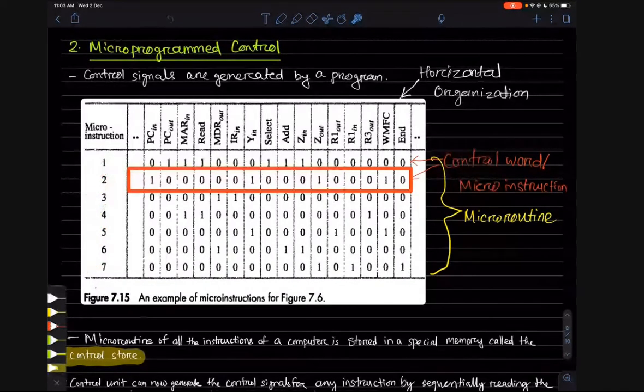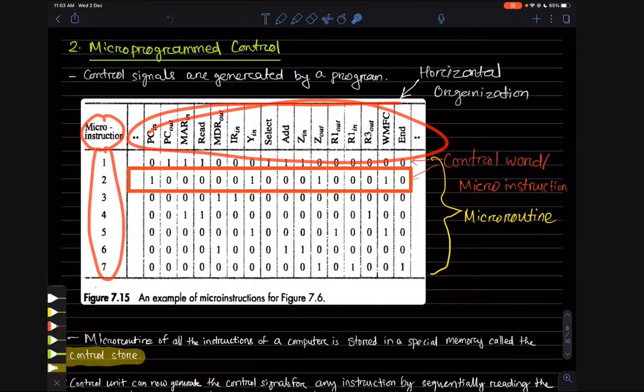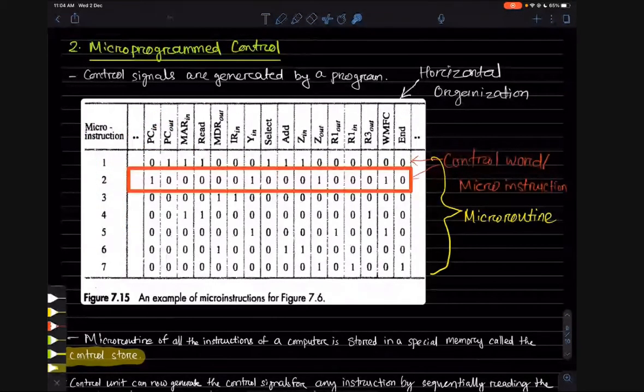Now you can see here it is written micro instruction, and these are all the control signals that are present in your system. All the control signals you have to list out, and whichever control signals are generated at step number 1, they will become 1, the rest will be 0. The rest of the signals will be 0. So this is how we will encode a micro instruction.